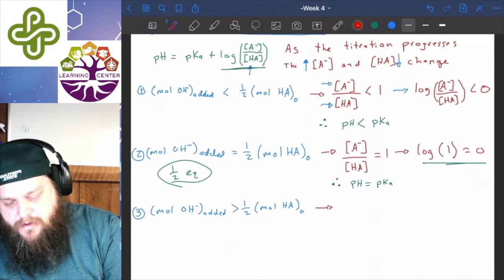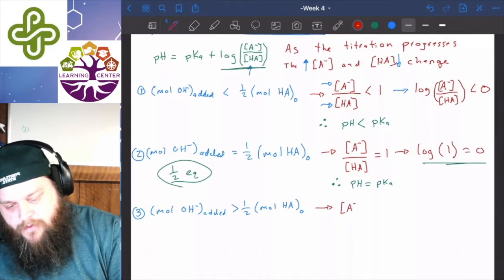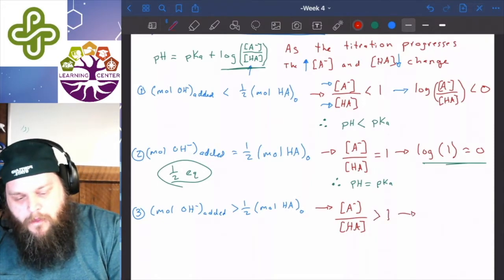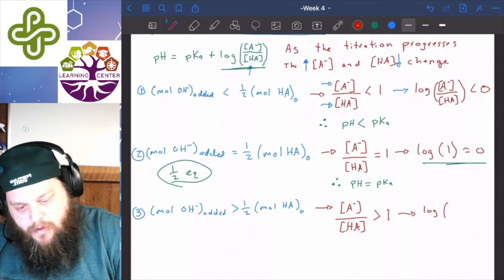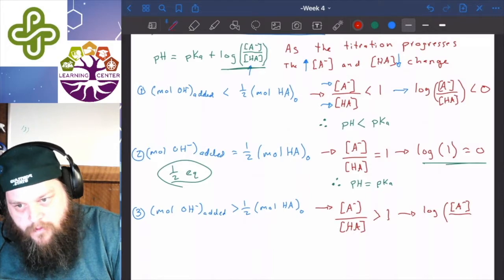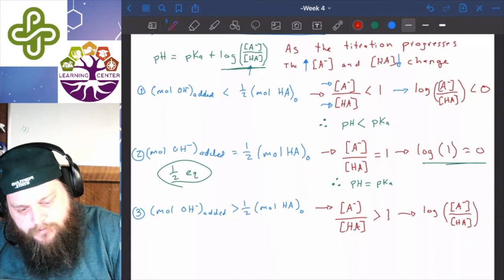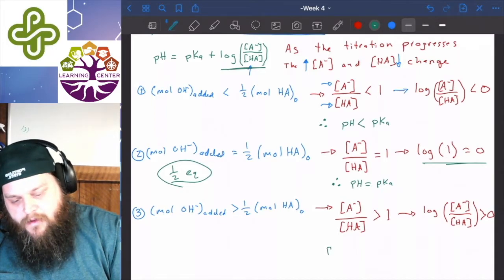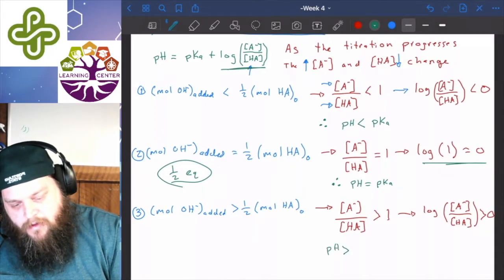So this tells us then this ratio of the concentration of the base over the concentration of the acid is going to be now greater than 1, which means that our log term is going to be some positive value, for a log of A minus divided by HA is greater than 0. And that tells us then our pH is going to be greater than the pKa.